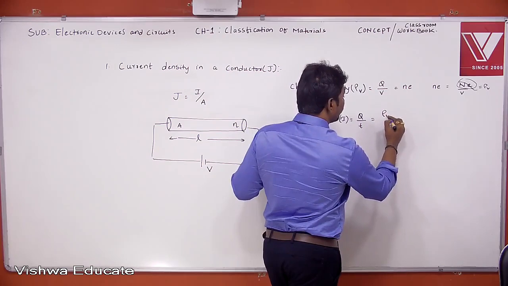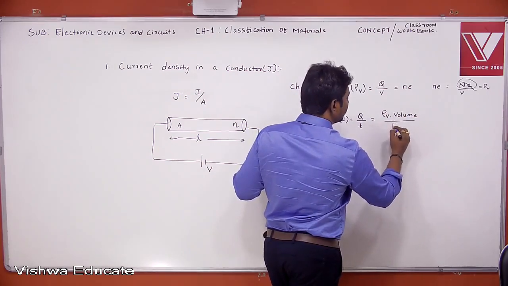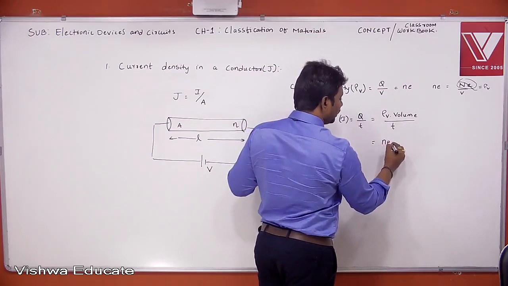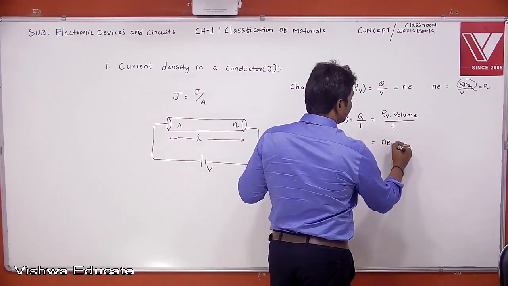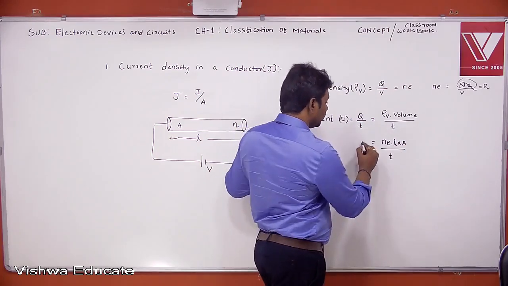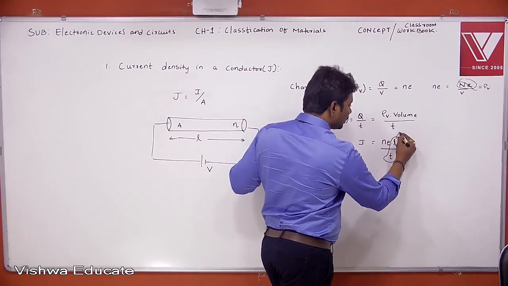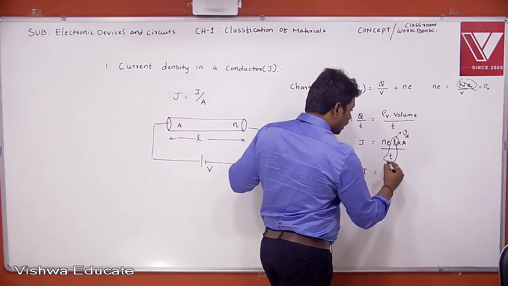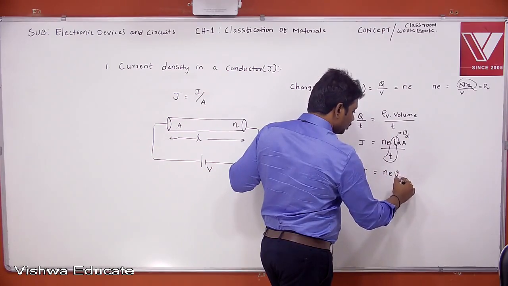Rho V into volume by T. Rho V in terms of concentration is N into E. The volume is length into area by time, right? Now L by T, mean distance by mean time, is simply the drift velocity. Now I equal to N into E into Vd into A.